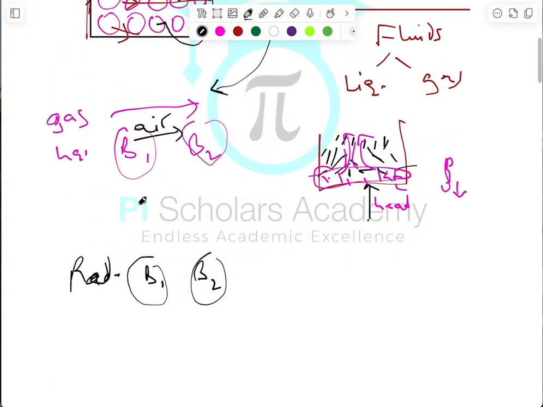But in convection, the air particles that surround them have to be heated up before B2 will feel the heat, because the air molecule is the one transferring the heat. In radiation, heat is suddenly transferred from this place to that place without necessarily involving the intervening medium.